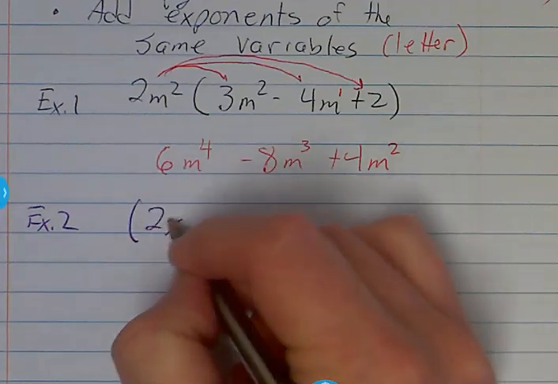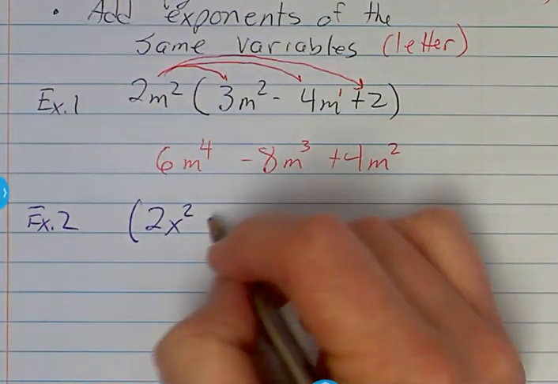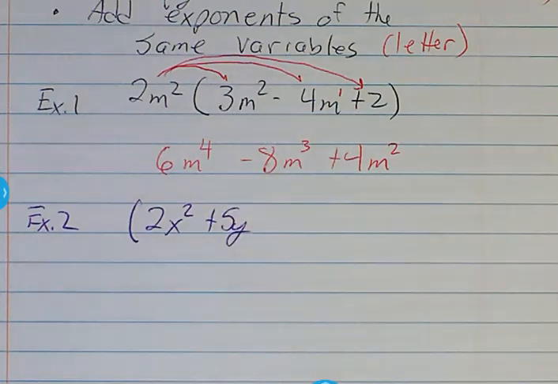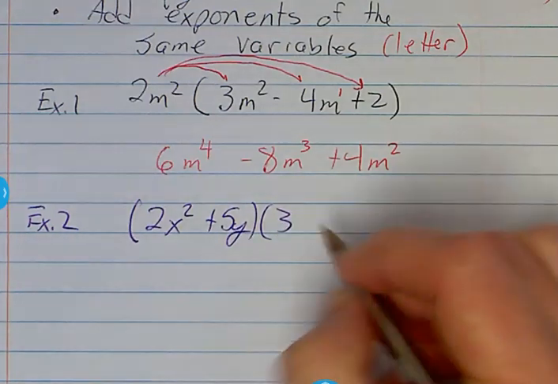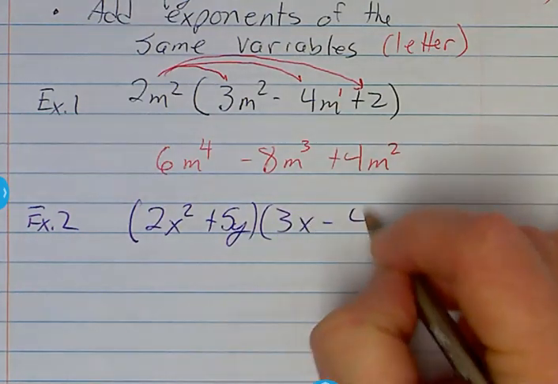All right, so let's do this. Let's do 2x squared plus 5y times 3x minus 4y.